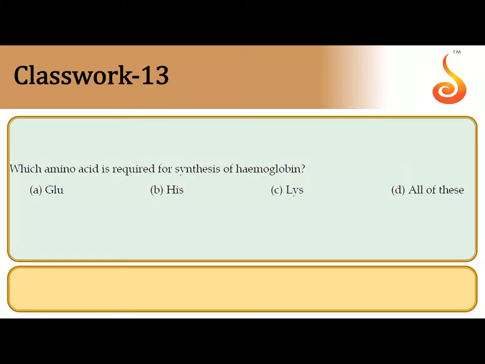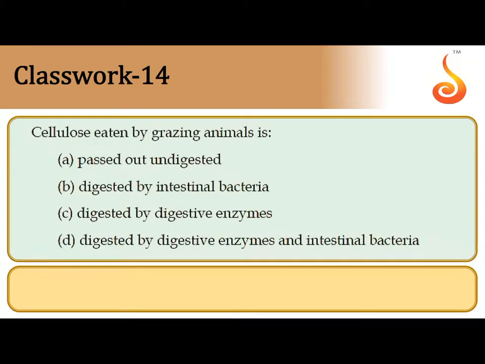Which amino acid is required for the synthesis of hemoglobin? Now there are many amino acids, but in the order of requirement, it is said that histidine is the amino acid that is most important in the synthesis of hemoglobin. Cellulose eaten by grazing animals is passed out undigested, digested by gut bacteria, digested by digestive enzymes, or digested by intestinal bacteria.